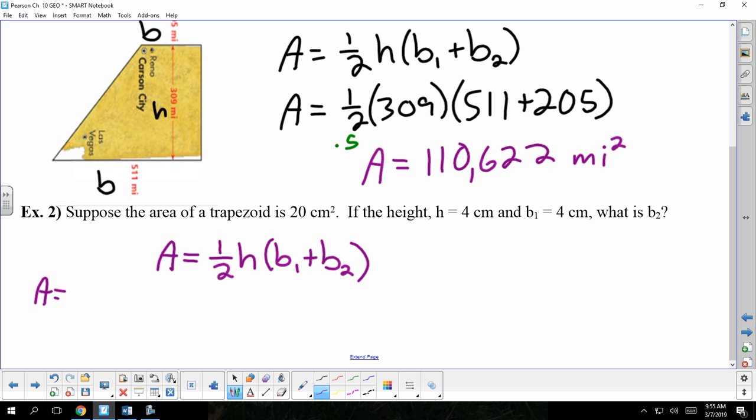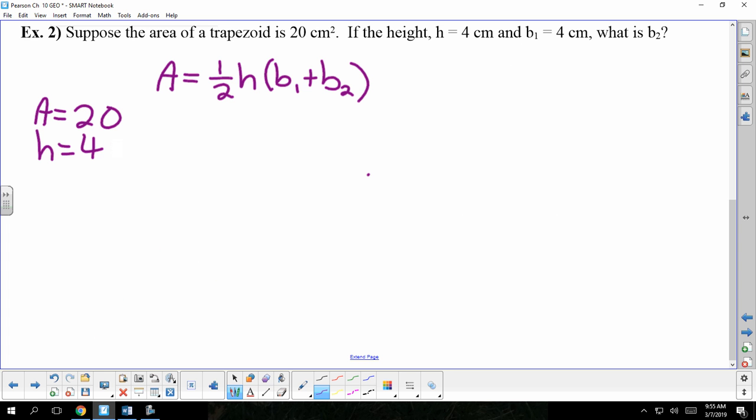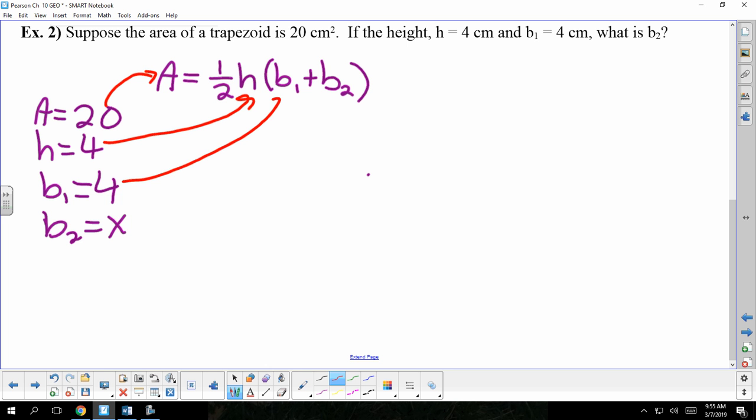So area equals 20. H equals 4. And B1 also equals 4. B2, that's what we're going to solve for. I'm going to take these and drop them in for the appropriate symbols, and then solve.